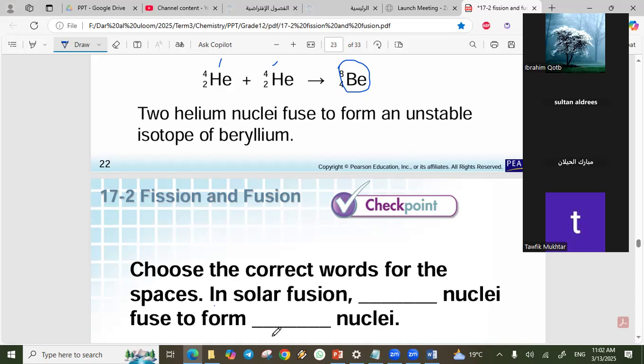Hydrogen fuse to form... Can you hear me, Mr.? Yes, I hear you. Hydrogen fuse to form helium. Excellent. So in the first space, we have to write hydrogen, and the second space, helium. Excellent.